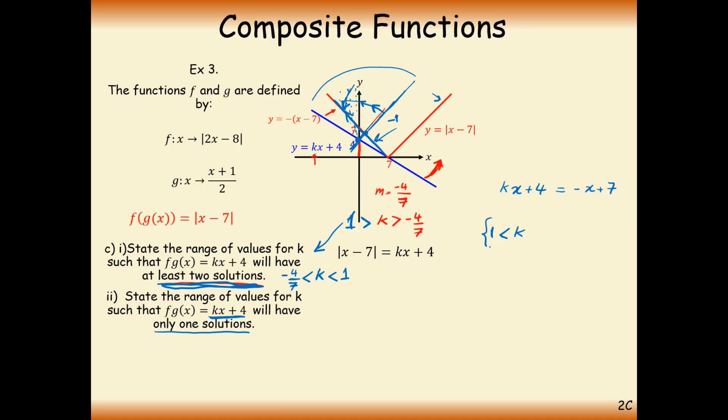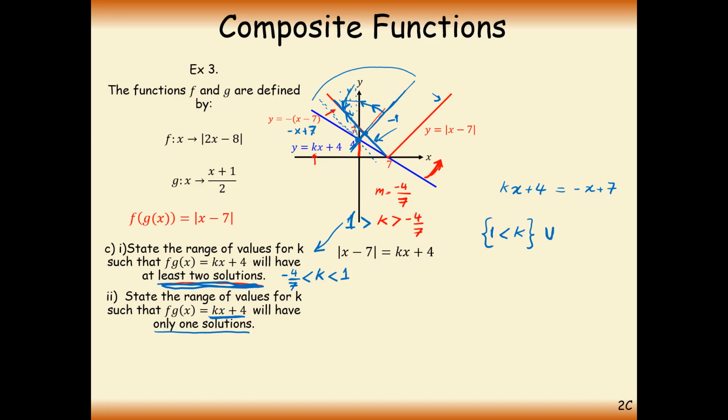So we have to write our answer as two disjoint sets. It can be bigger than 1 or it can be negative. How can it be negative? It could be from negative infinity up to a certain value. What's that value? That value is when the graph turns exactly parallel to the negative gradient of -x plus 7.